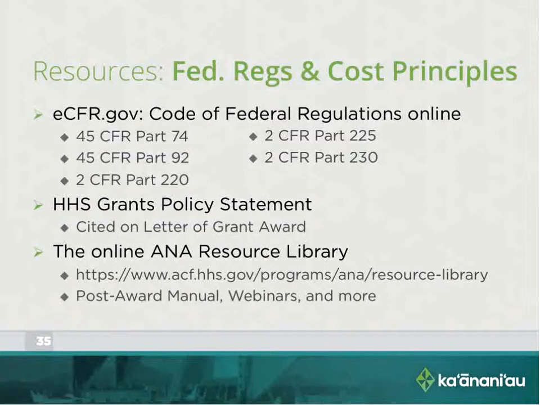Then the DHHS grants policy statement should have been cited on letters of grant awards if you've received them already. And I know some of you are not current ANA grantees, so you should be able to find that on the DHHS website. And then a lot of other resources are available in the online ANA resource library.